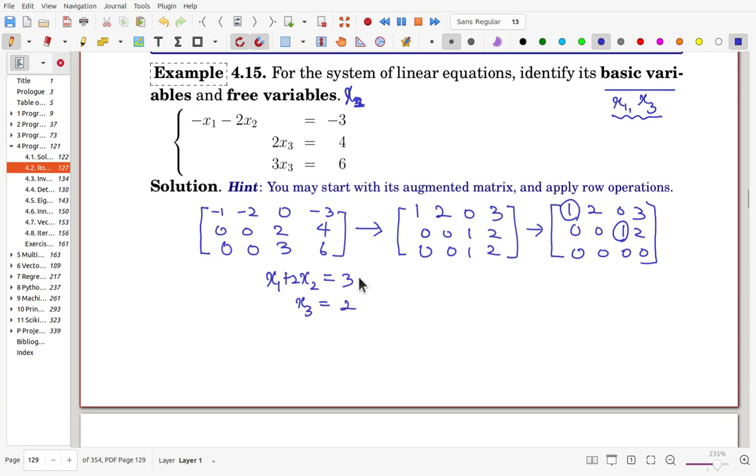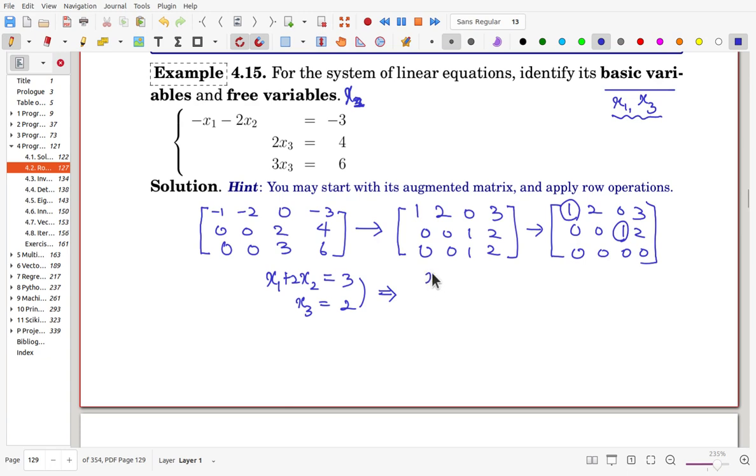Now, from this one, let's try to find the solution, but we have to find the values for all of the variables x1, x2, x3. That will become solutions. So to solve these equations, we keep the basic variables on the left hand side and everything else to the right side.